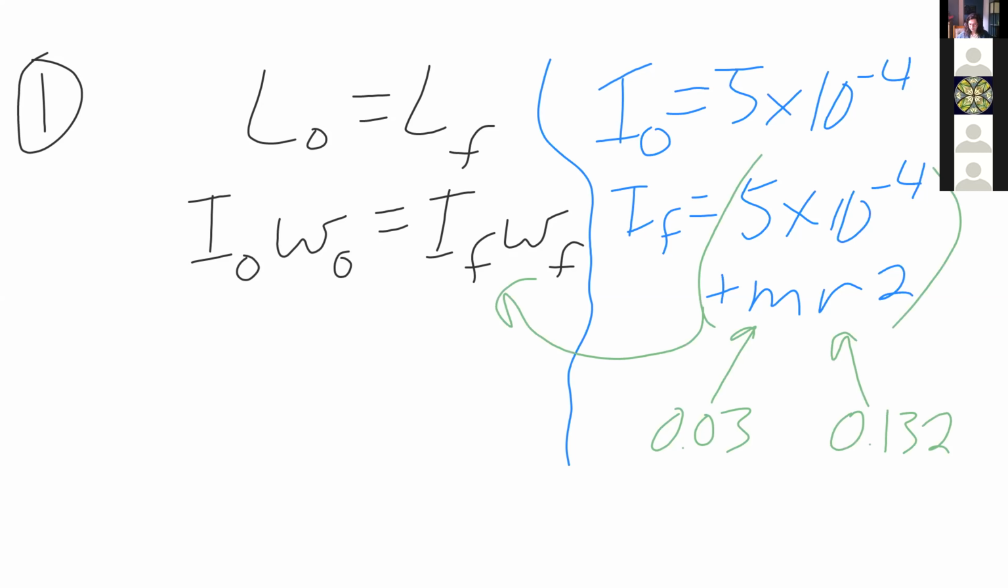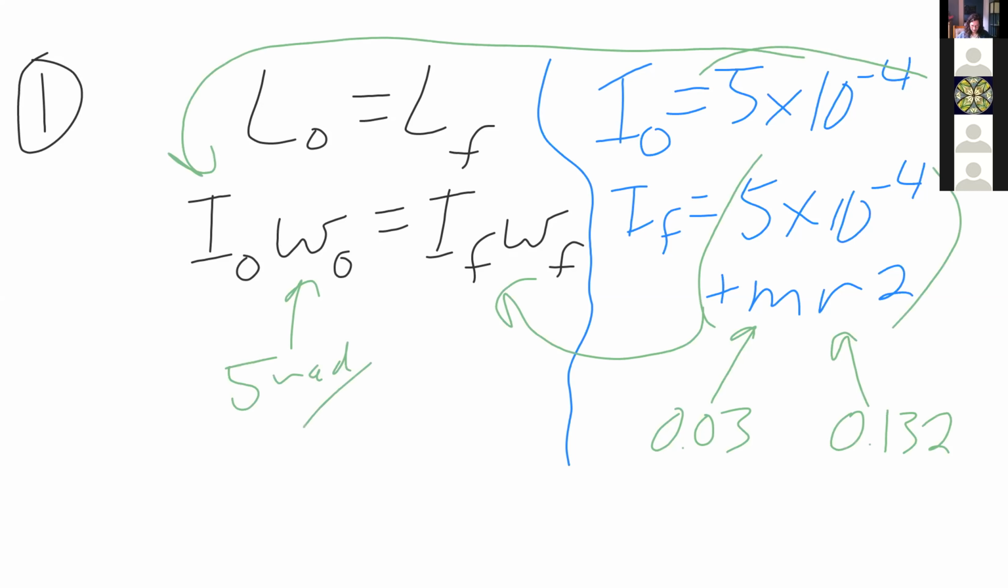Your omega initial is given; mine happens to be 5 radians per second. Then your only unknown is the final angular velocity of the record, which is what they ask you to find. That's how conservation of angular momentum works.